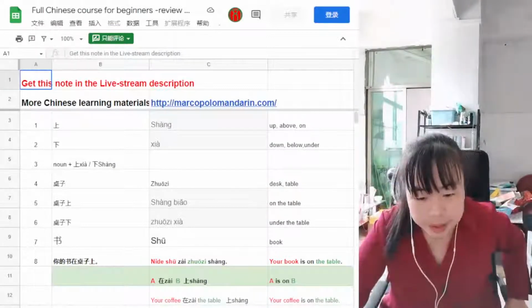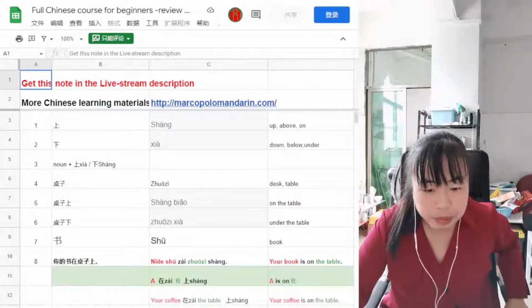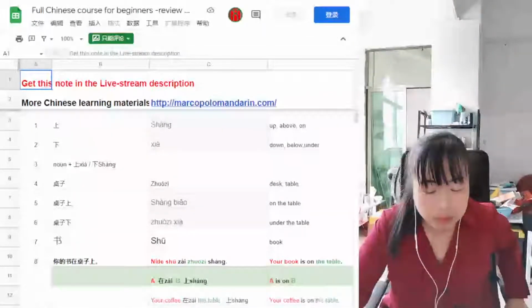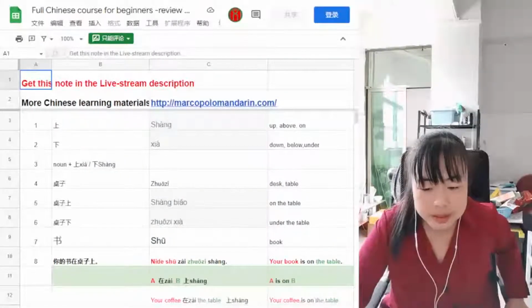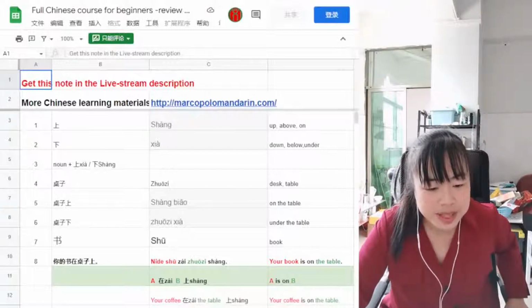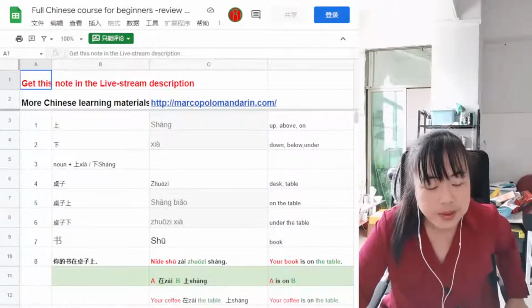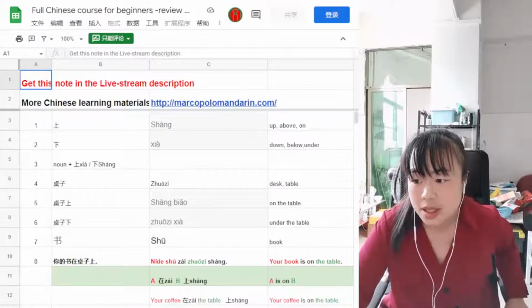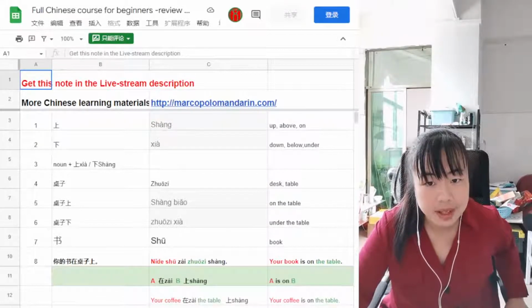Okay, so step 1, mark colors. Your cup, red. The book, green. Okay, so now step 2. Let's move these English words into the right order according to the pattern on line 22.